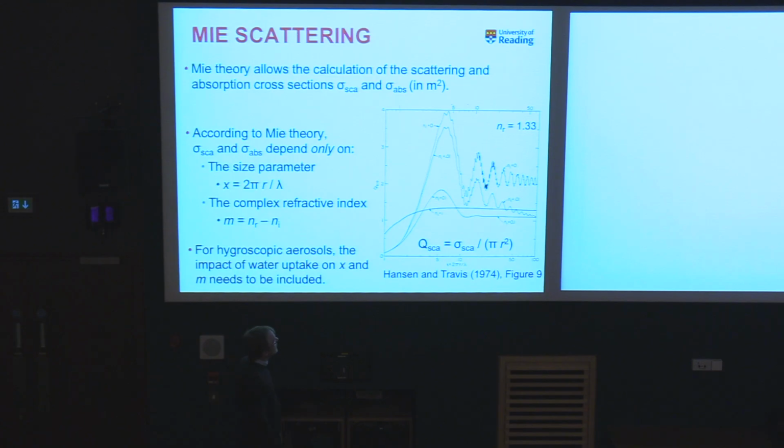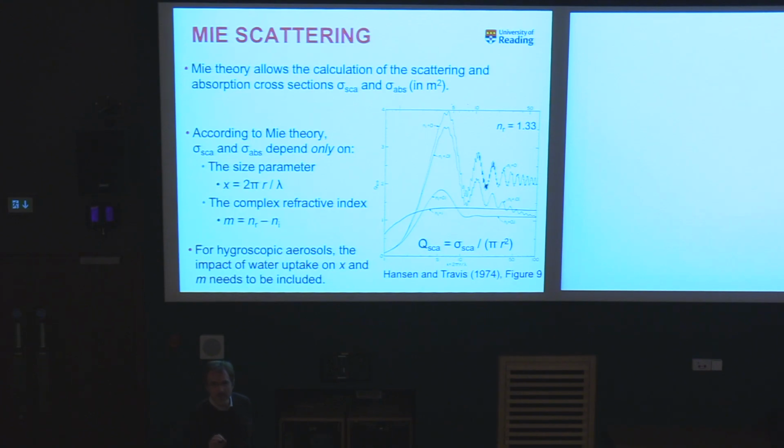So what do you get, for example? This is an example of calculation for one particle with a real part of the refractive index of 1.33, so that's of water, and then increasing imaginary part of the refractive index. At the very top, you've got no imaginary part.